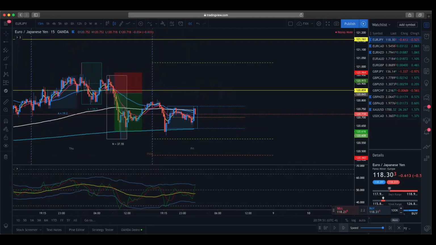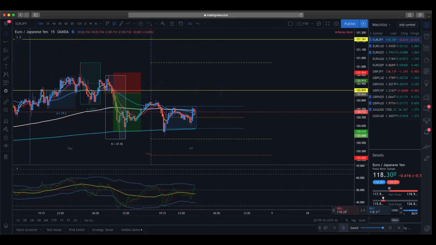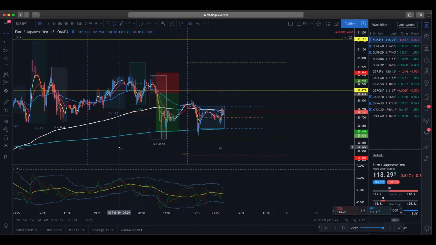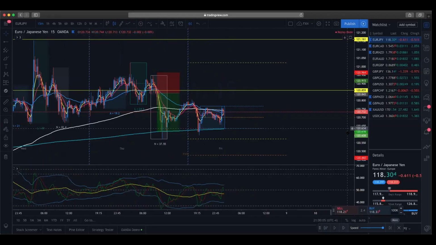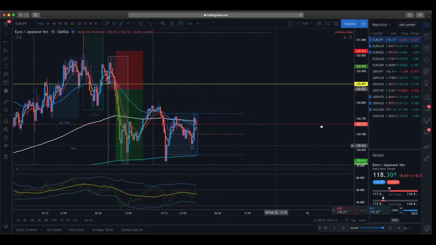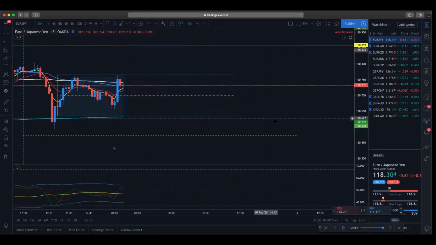All right. So now we're into Friday. So now what are we looking for? Sell opportunities, right? Here's the high of the week right here. So we want nothing but sells. We only care about sells. So can we get a setup basically to go into a sell?